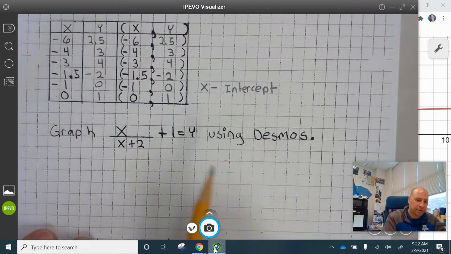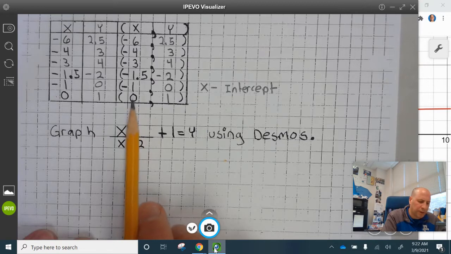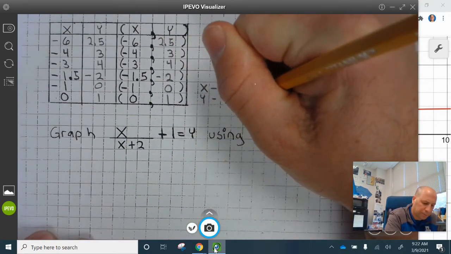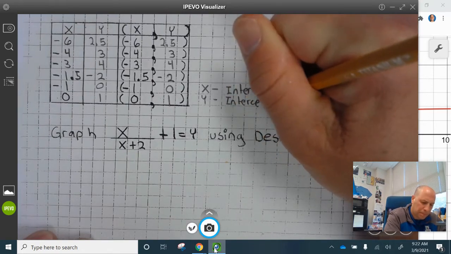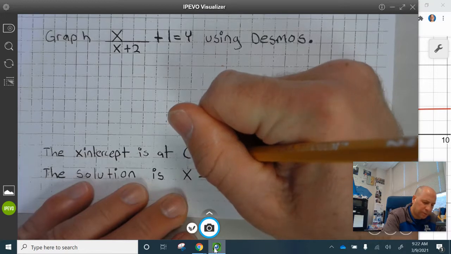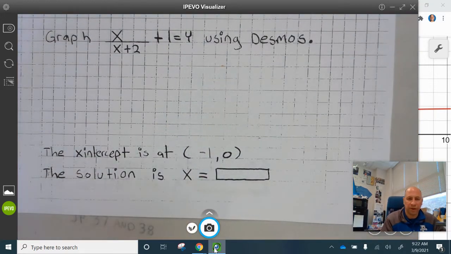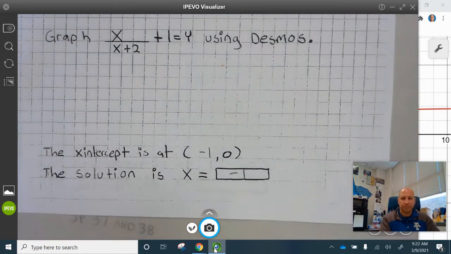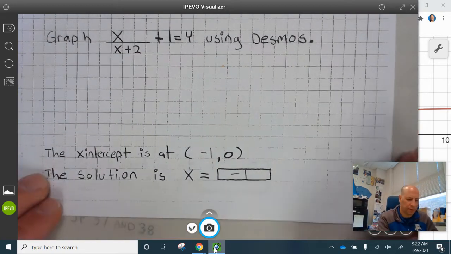Now for reference, it's not asking for it, but when the x value is 0, that's the y-intercept. So our x-intercept is negative 1, 0. So the solution is x equals negative 1. All right, go ahead and finish up example 1.